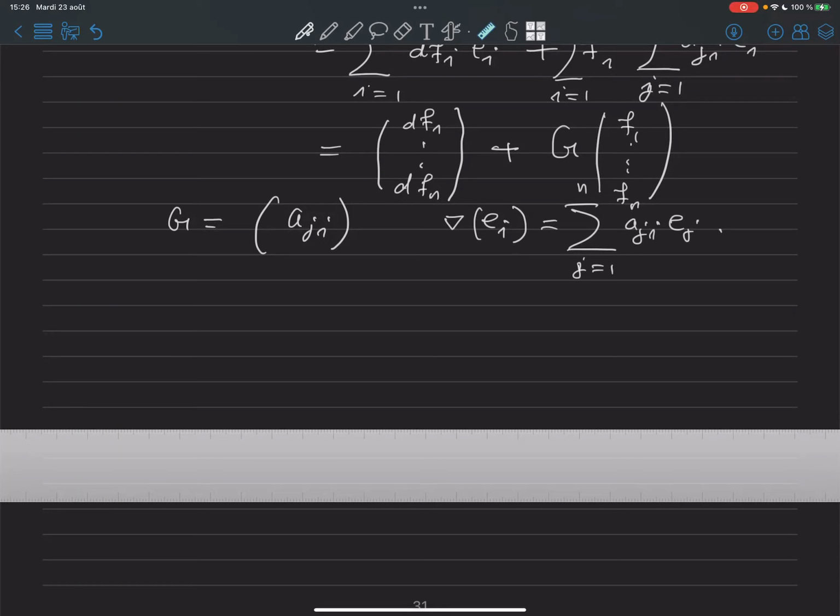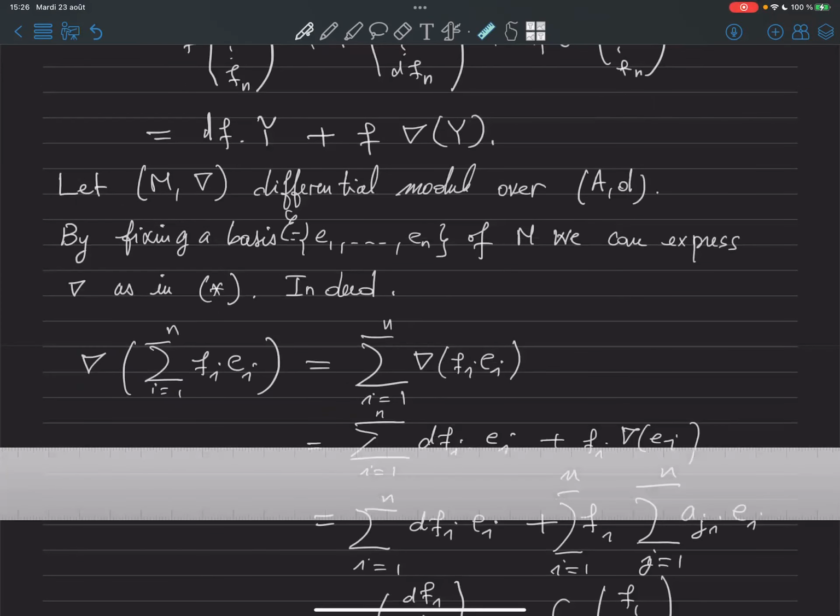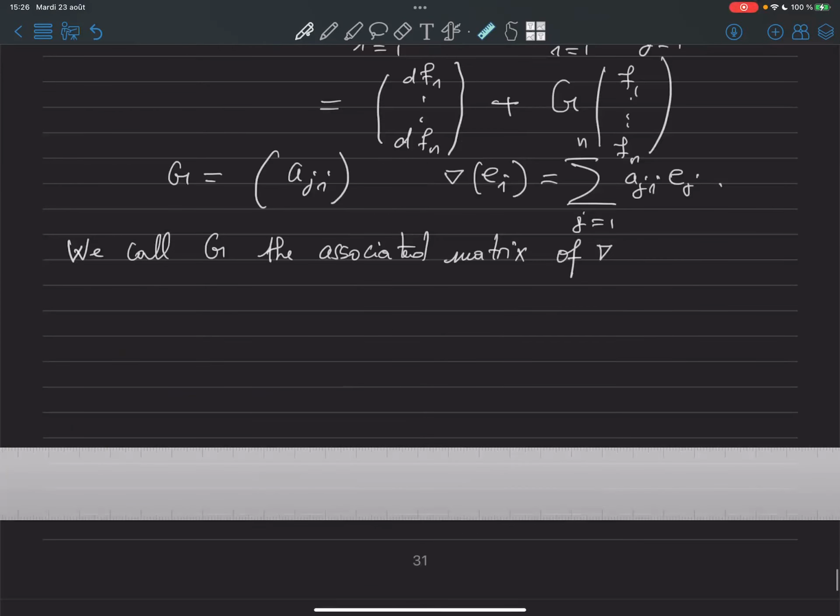Then we call G the associated matrix, and we just call this the matrix in the basis.